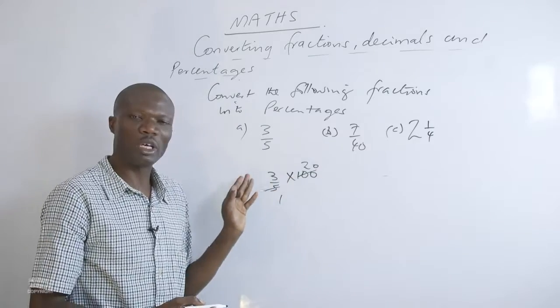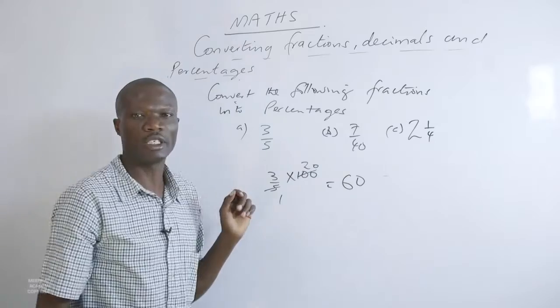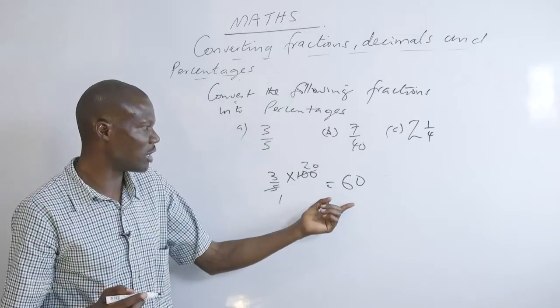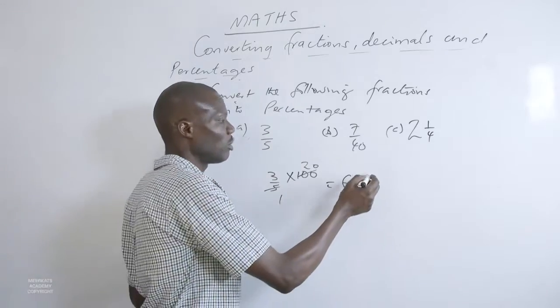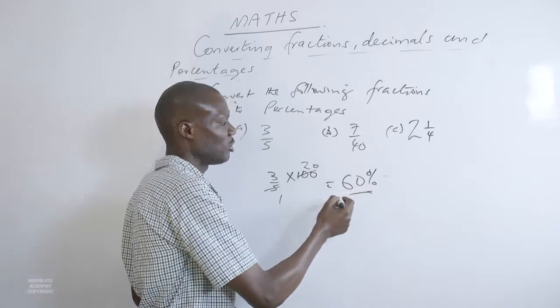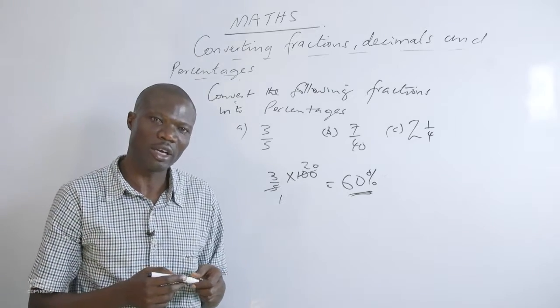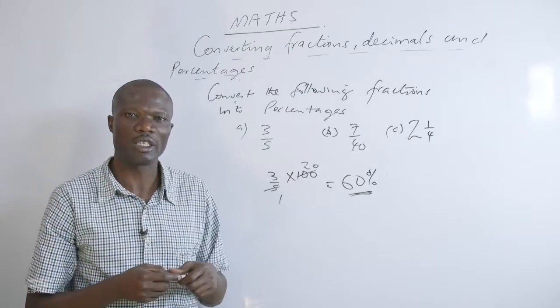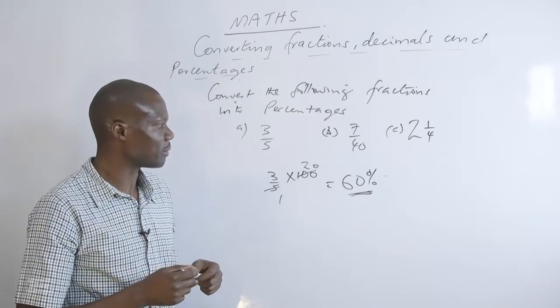Then 20 multiplied by 3, you get 60. And this 60, we want to convert into percentage. Bring the percentage symbol and put it there. So 3/5 is equivalent to 60%.